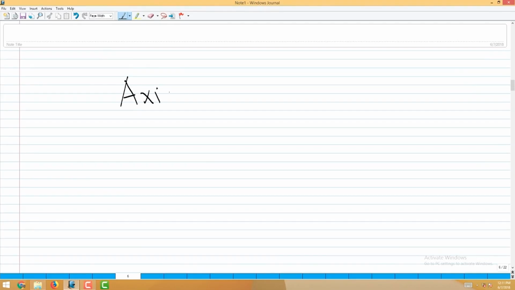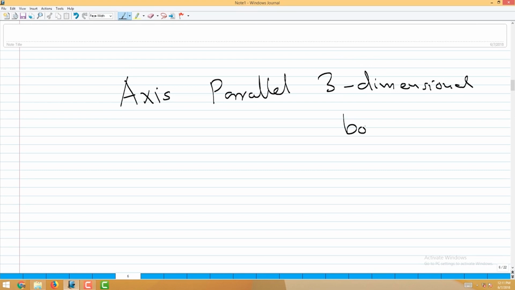Okay, so rectangle graphs are in 2 dimensions, and there can be a similar intersection graph in 3 dimensions also. So what will that be? Instead of axis parallel rectangles, you will consider axis parallel 3 dimensional boxes, hyper rectangles or something like that.